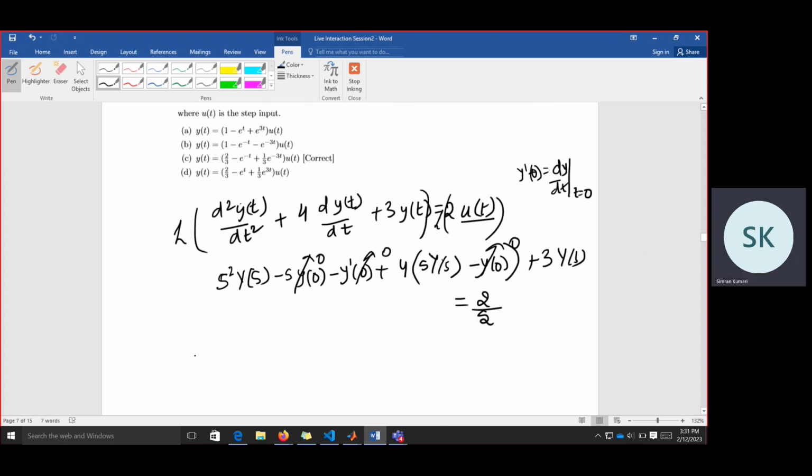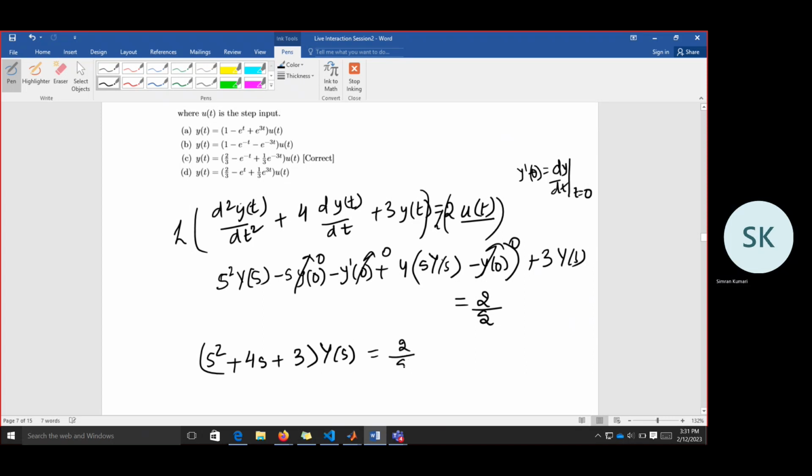What would we get? S square plus 4s plus 3 Y(s) equal to 2 by s. So Y(s) equals 2 by s times s square plus 4s plus 3.